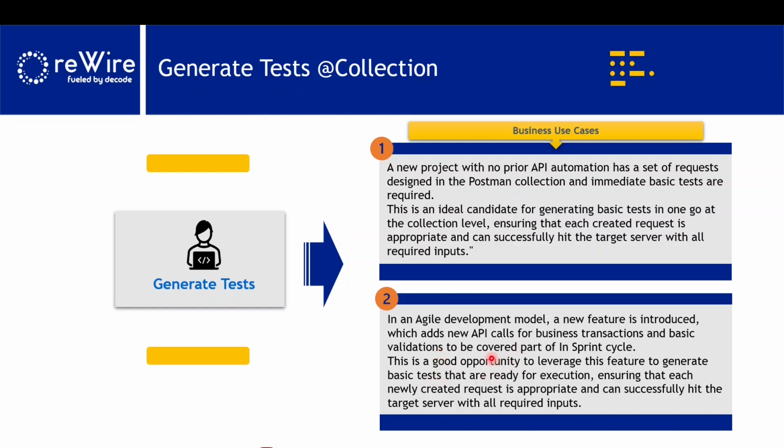agile development model. As of today, almost 85% of projects are running on agile development, and in every sprint cycle a couple of features are added, enhancing the product towards the business objectives. For each feature, we have two sprints.